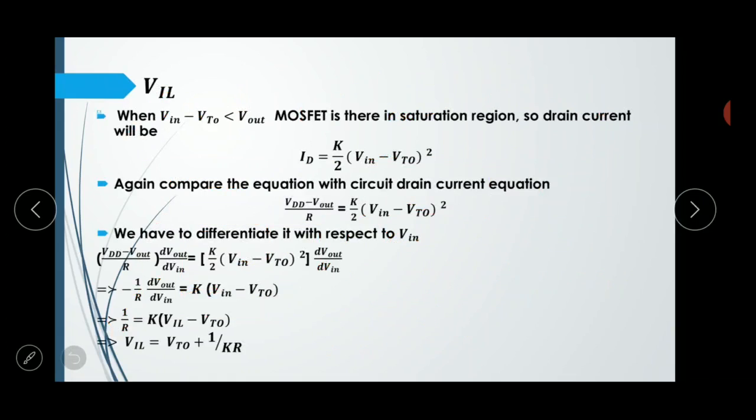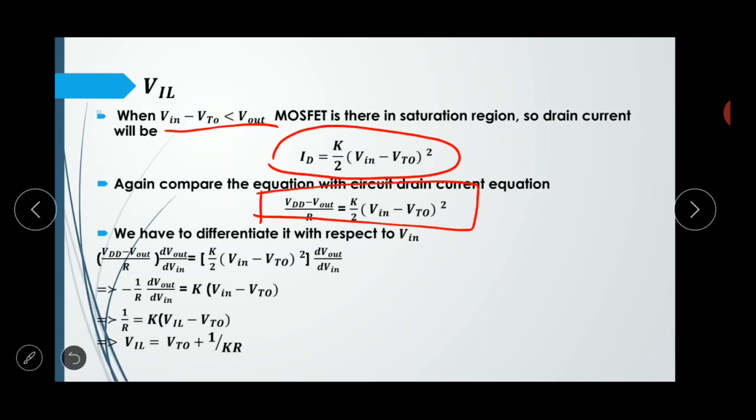Next, VIL. When Vin minus Vt0 is less than Vout, the MOSFET is in the saturation region. So the drain current will be this one, the drain current equation in the saturation region. And we compare this equation with the equation derived using Kirchhoff's law for the resistive load inverter.